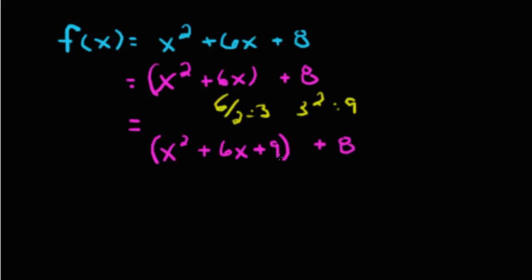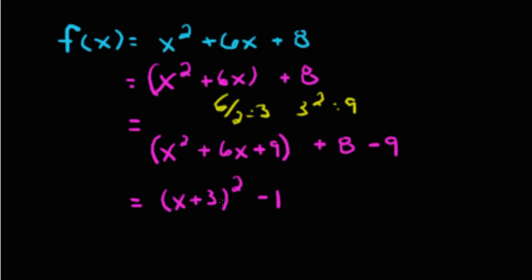Now, because we added 9 here inside the parentheses, we'll have to subtract 9 here to make sure our equation is balanced. So, this -9 cancels out with this +9. So now we can complete this square and write this term inside the parentheses as x plus 3 squared plus 8 minus 9 is a -1.